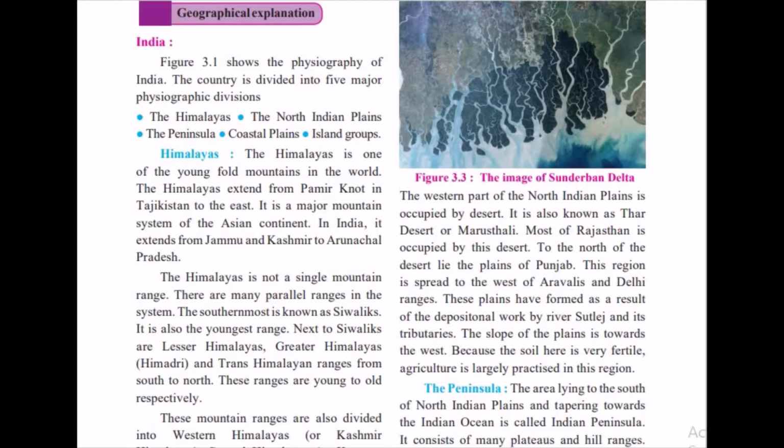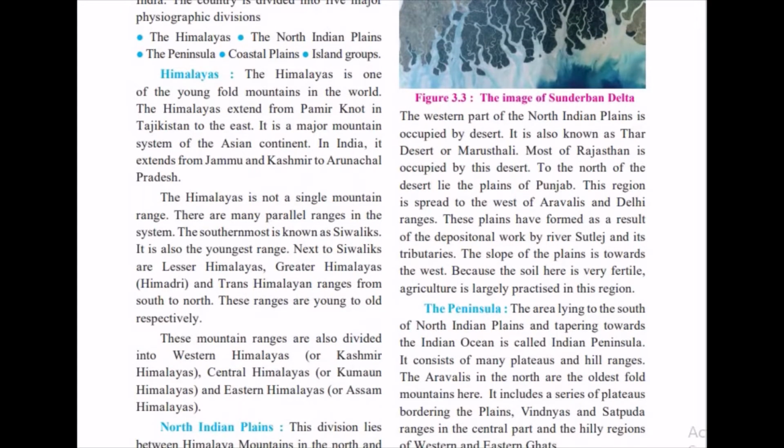It is a major mountain of the Asian continent. In India, it extends from Jammu Kashmir to Arunachal Pradesh. Himalaya is not a single mountain range. There are many parallel ranges in the system.